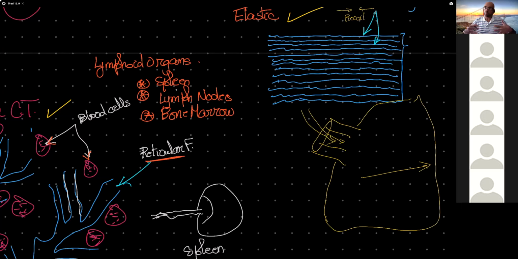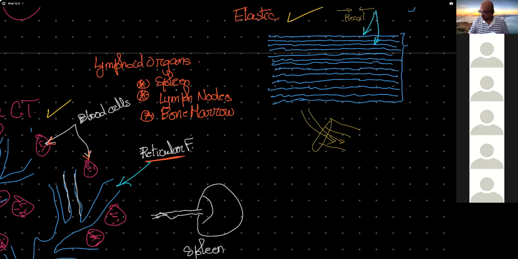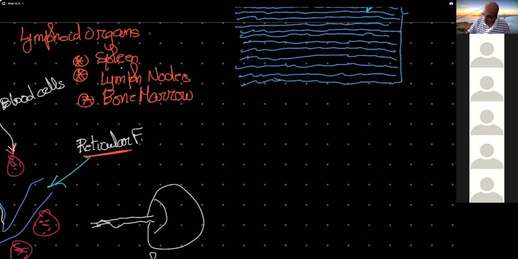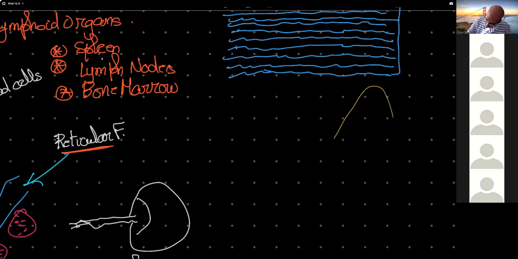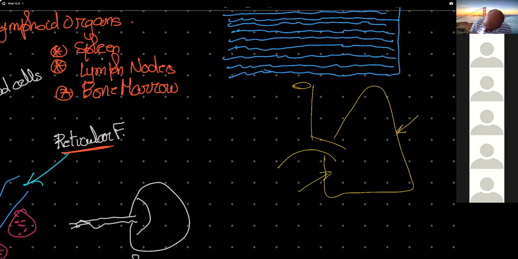Do I need it to be kept stretched like this all the time? What's going to happen, under the effect of the elastic tissue, is that the lungs and airways will recoil, and when they recoil, they will do what to the air that you breathed in?